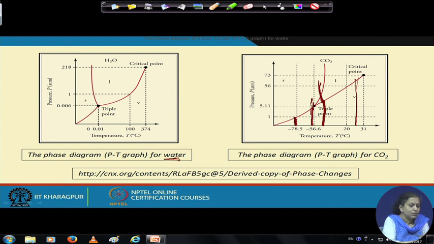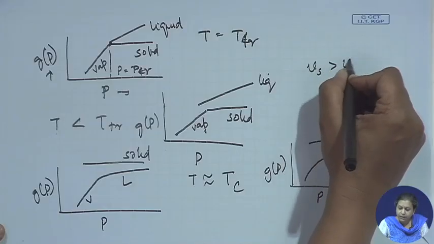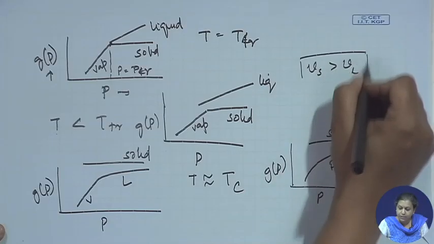If you note the PT curve for water, it is very evident that the solid liquid coexistence curve has got a slight negative slope as compared to the slight positive slope for carbon dioxide, benzene or any other normal substance. This is because, as you all know, the molar volume of the solid is greater than the molar volume of the liquid in case of water.